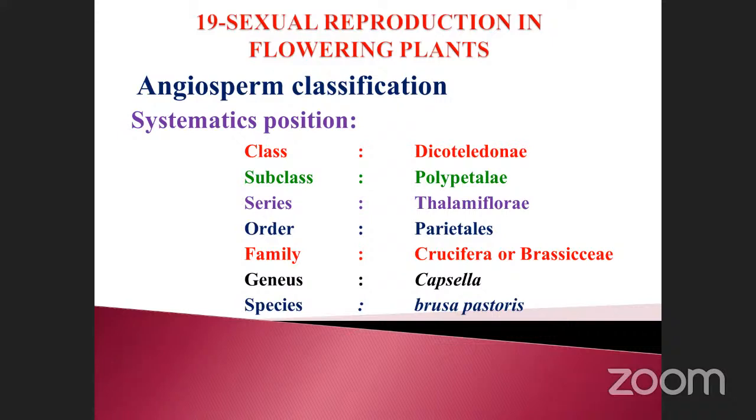Here is the classification hierarchy, starting from the lowest unit, called species, followed by genus, family, order, series, subclass, class, and up to the kingdom. Here they have given species with subspecies, genus, subgenus, family, subfamily, order, suborder, series, subseries, subclass, class. Like that they classified.